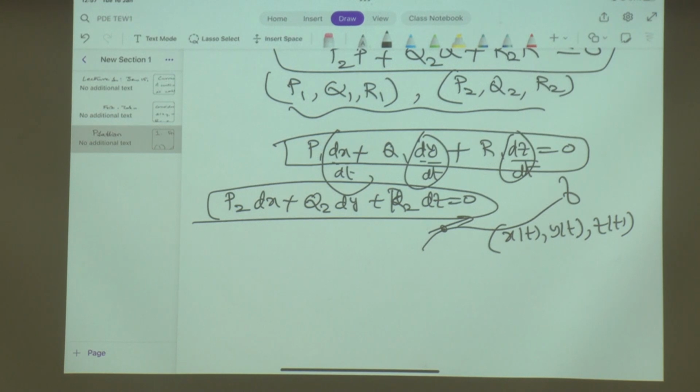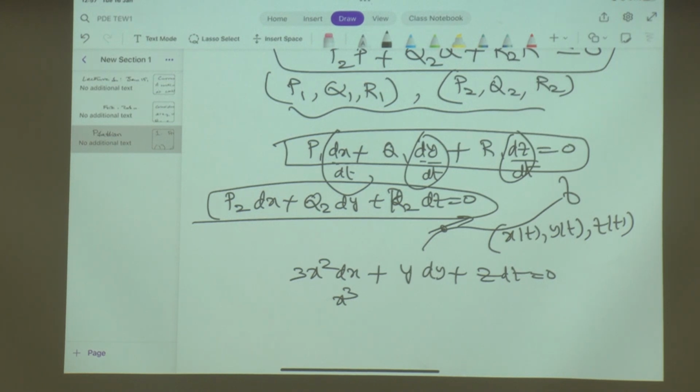We don't know. Sometimes what happens, P1, Q1, R1 are good functions. For example, imagine this kind of thing. Why do I want x square? I don't need x square. But anyway, I decided not to erase, so dy plus z dz equal to 0. Suppose we have this, 3x square dx. So this is like the derivative of x cubed, which is 3x square, right?